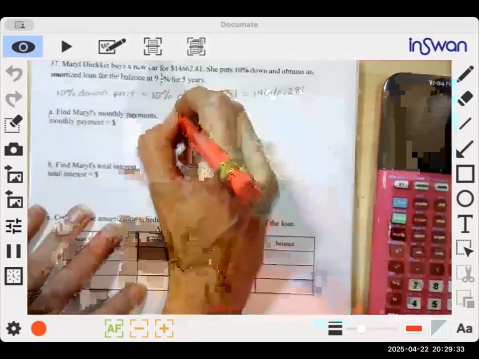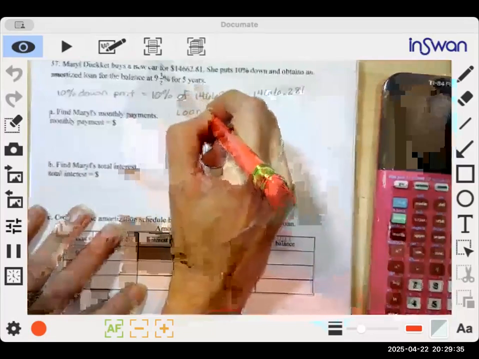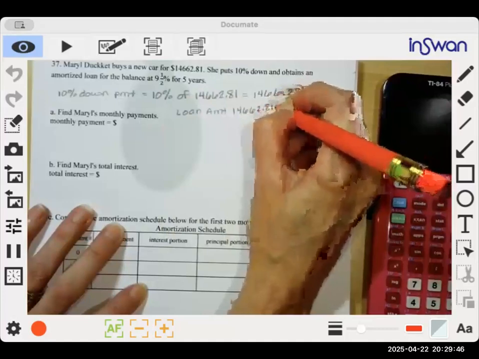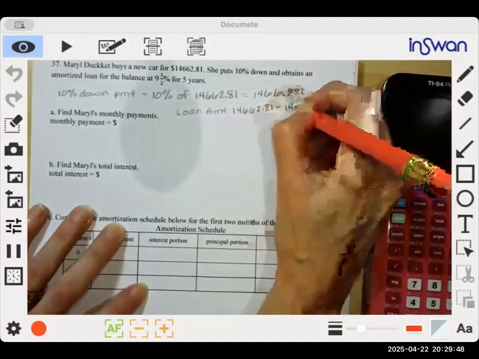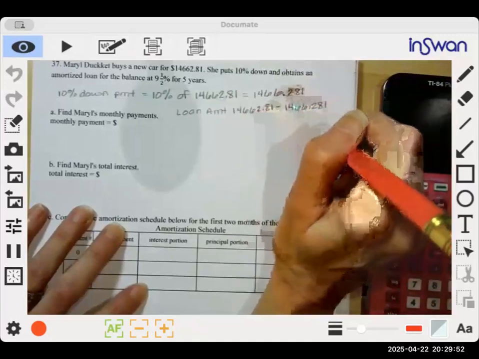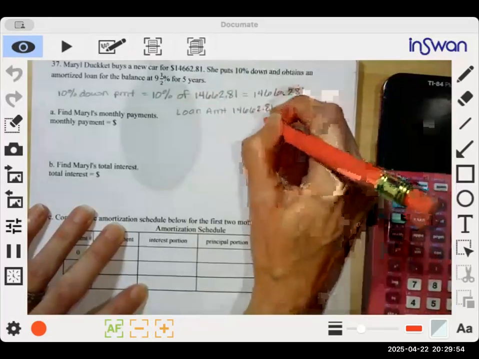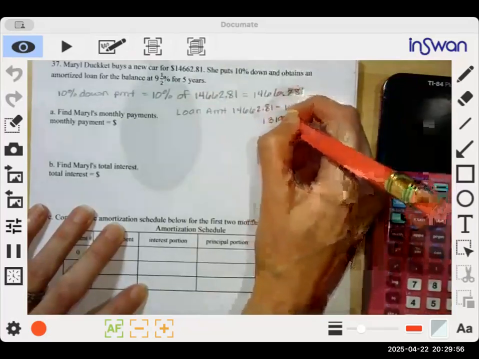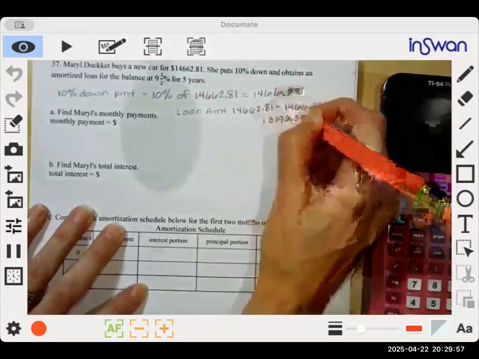So the loan amount is that 14,662.81 minus the down payment. It's 13,196.53.